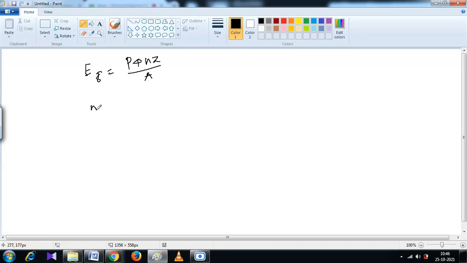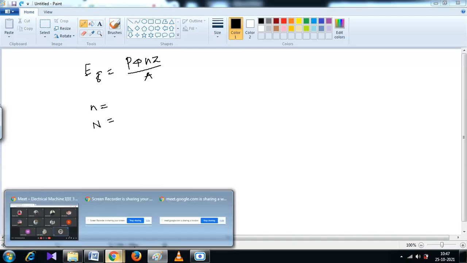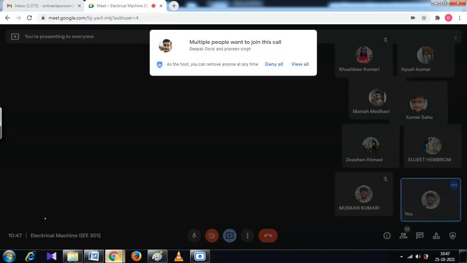And what is the N? Can anyone tell me what is N? Rotation per second. Actually, a revolution or rotation of what? So per second.